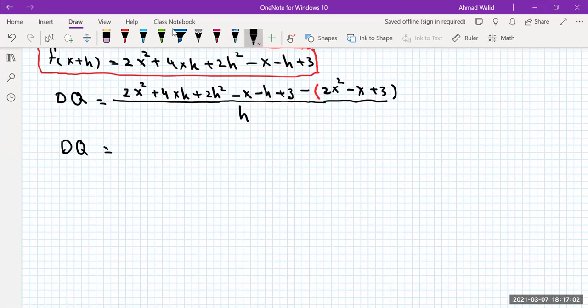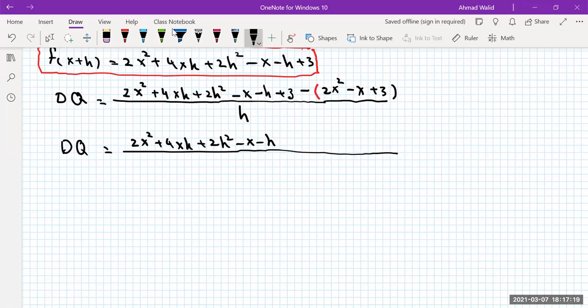Difference quotient equals, again, a big fraction bar, 2x squared plus 4xh plus 2h squared minus x minus h plus 3. Distribute the negative. Minus 2x squared plus x plus 3 over h. Combine like terms in the top.